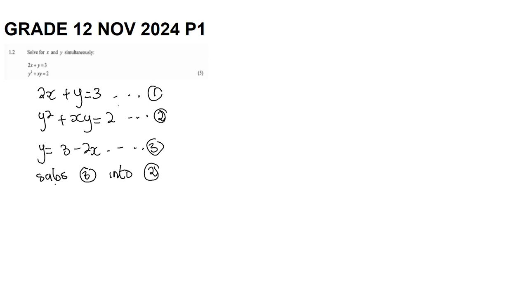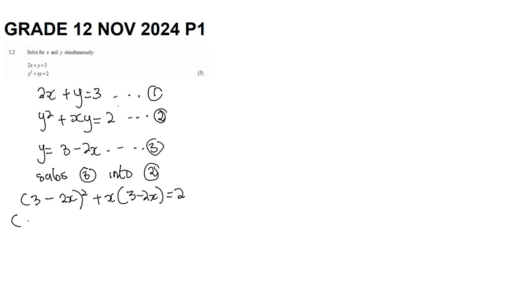This means everywhere in equation 2 where you have y, you're going to put 3 minus 2x, since it equates to that. So you're going to have 3 minus 2x all squared plus x times y, which is 3 minus 2x. All this equals 2, guys. It's very simple.